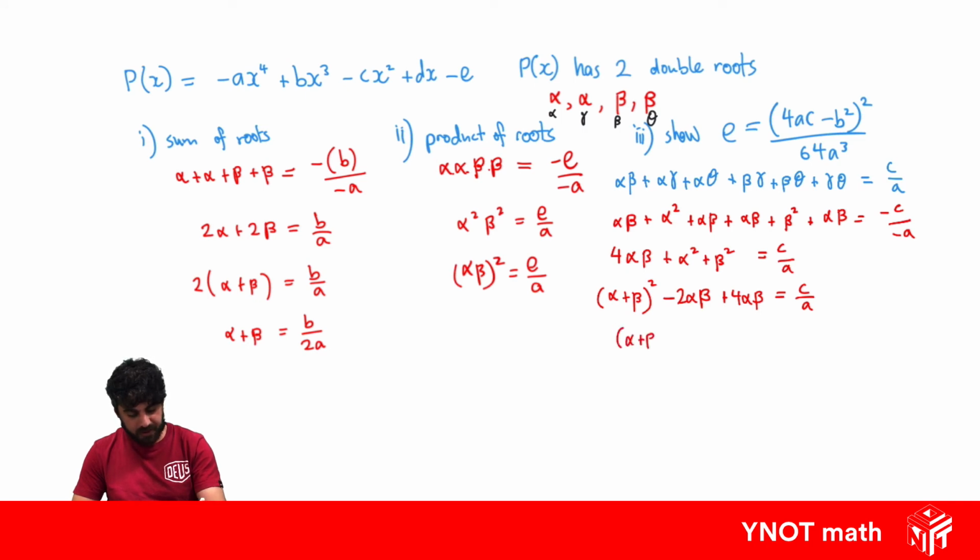So we're going to get alpha plus beta all squared plus 2 alpha beta equaling C over A. We know alpha plus beta equals B over 2A. So let's go ahead and sub that in. So we're going to get B over 2A all squared plus 2 alpha beta equals C over A.